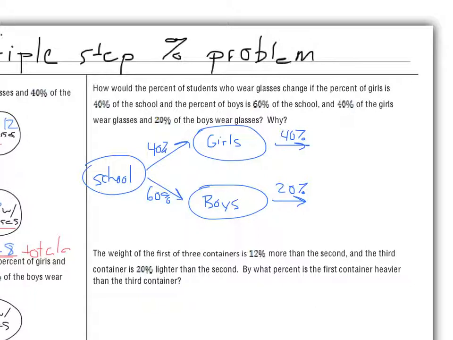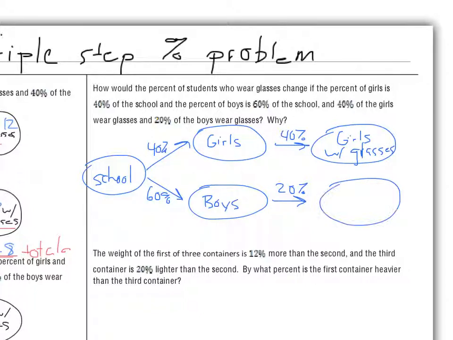So we're going to find our number of girls with glasses and our number of boys with glasses. Starting again with the school of 100, that would tell me that there are 60 boys and now 40 girls, so this is different than it was before.